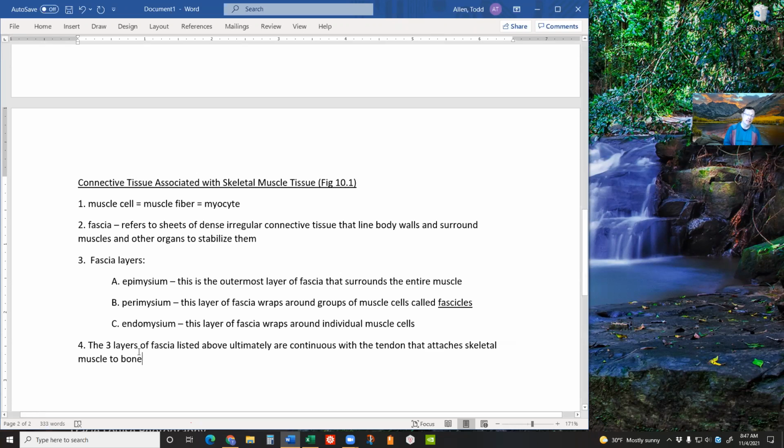So you can imagine when the skeletal muscle contracts, it's going to tug on these layers of fascia, which are continuous with the tendon. So it's going to tug on the tendon. Since the tendon's connected to the bone, the bone's going to get tugged on, and the bone's most likely going to move in response. That's what I'm leading to here. Okay. All right, any questions so far?